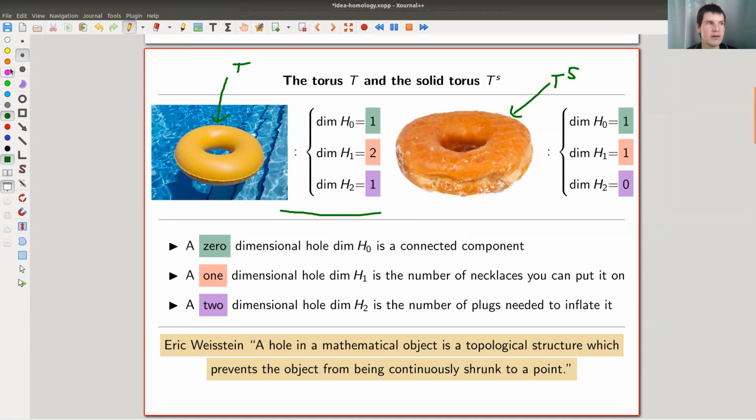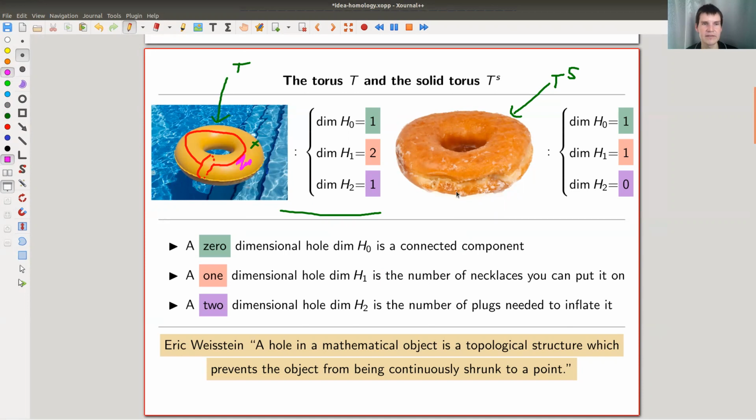So the purple one was the inside. It's a little bit hard to draw the inside of a swim ring. There's a hole in there in some sense, right? So the one-dimensional ones were this one and this one, so going around. And the zero-dimensional one is basically the beast itself, whatever. What is a zero-dimensional hole is a little bit a matter of taste anyway.